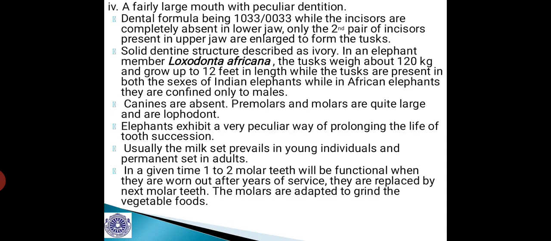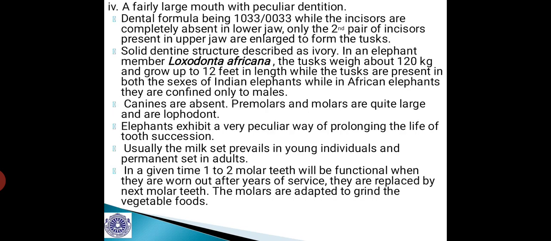While the incisors are completely absent in the lower jaw, that's what I told you, only the second pair of incisors present in the upper jaw are enlarged to form the tusk. So tusk is nothing but the enlarged modification of the incisor teeth.